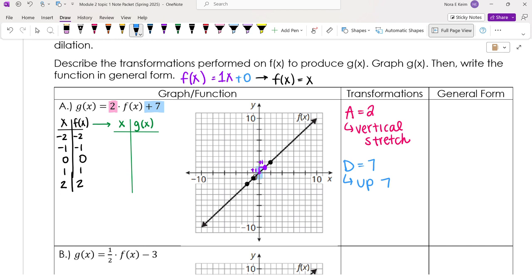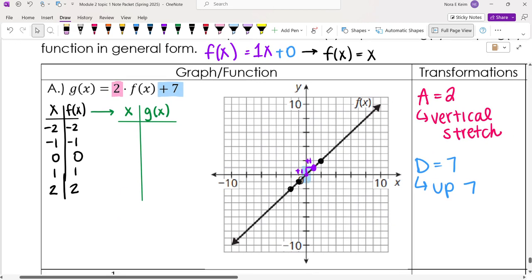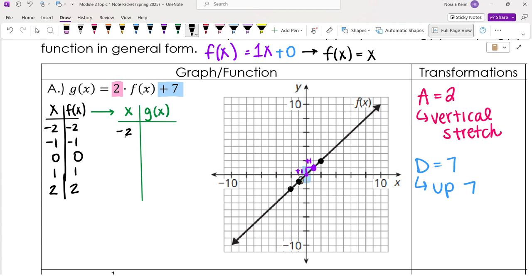So what this means for g of x is that whenever I talk about a vertical dilation or a vertical translation, the x values always stay the same. There's no change in those x values. What's going to happen though is that your output values change. So when I talk about g of x, these original y values are going to have two things happen.